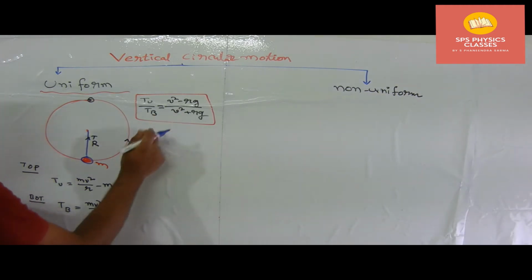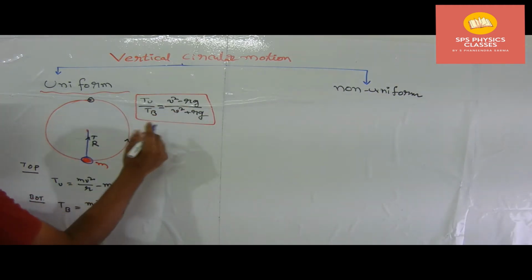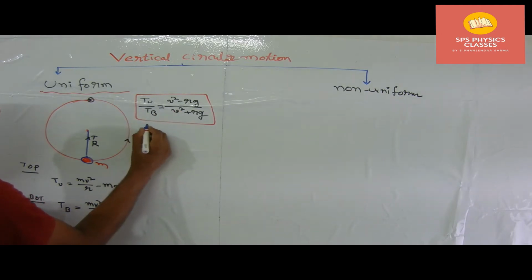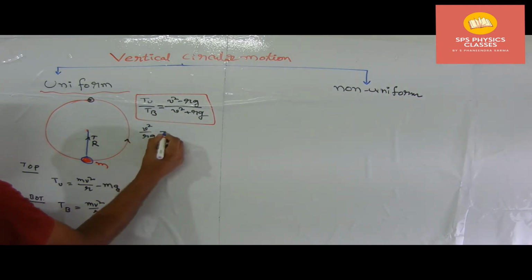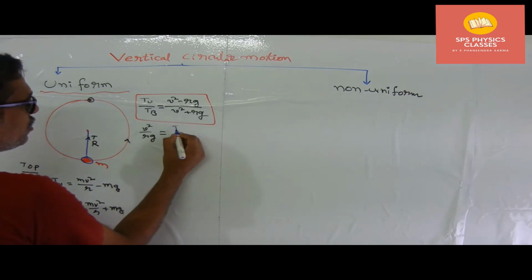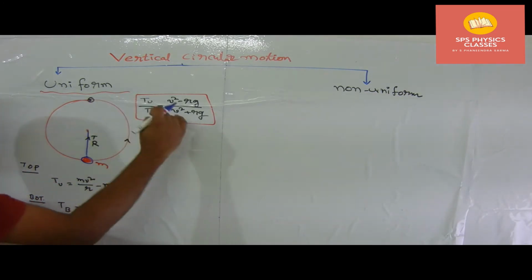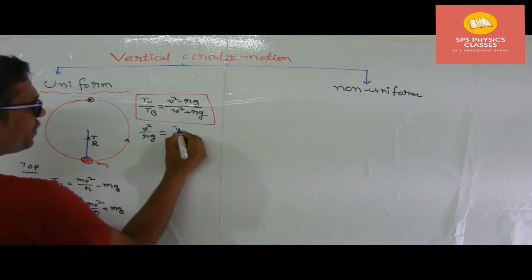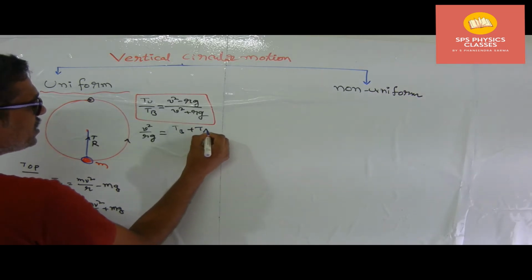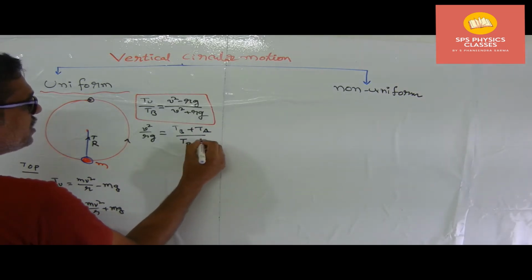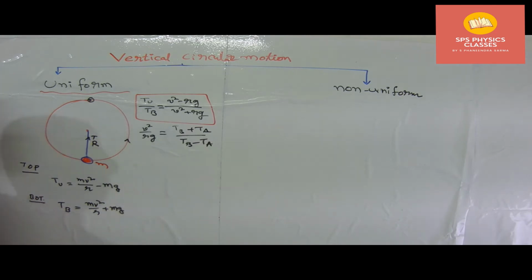How can you find out the velocity V using this? By applying componendo and dividendo, we can write V square by Rg is equal to simply (Tb plus Tu) by (Tb minus Tu).